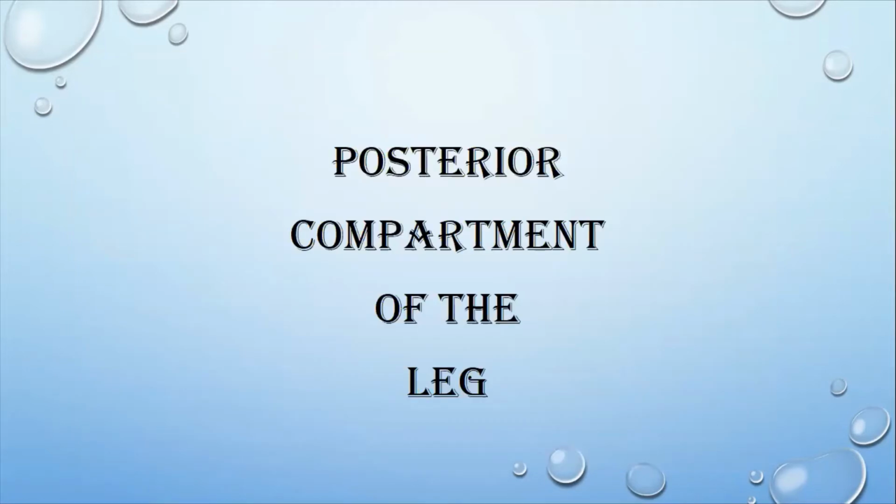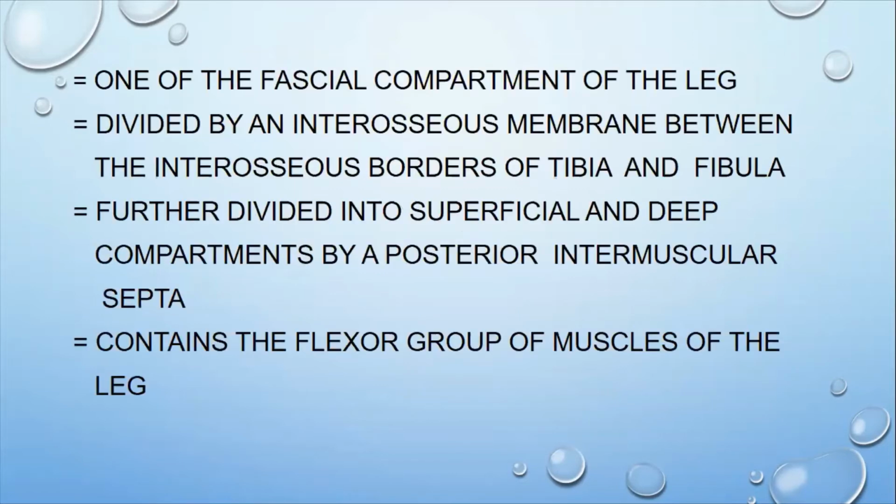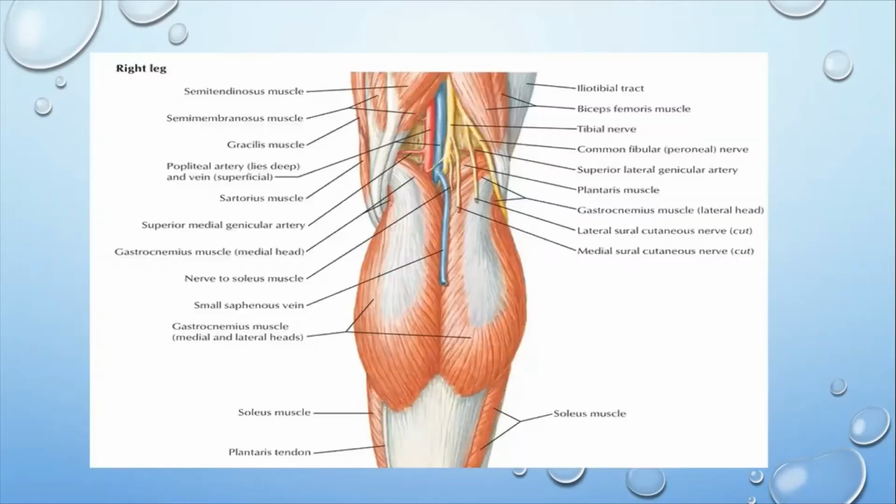Now, we go now to the posterior compartment of the leg. The posterior compartment of the leg is one of the fascial compartments of the leg. Before I go to the posterior compartment of the leg, I want you to take note what are the contents of the popliteal fossa that will enter or exit the adductor hiatus.